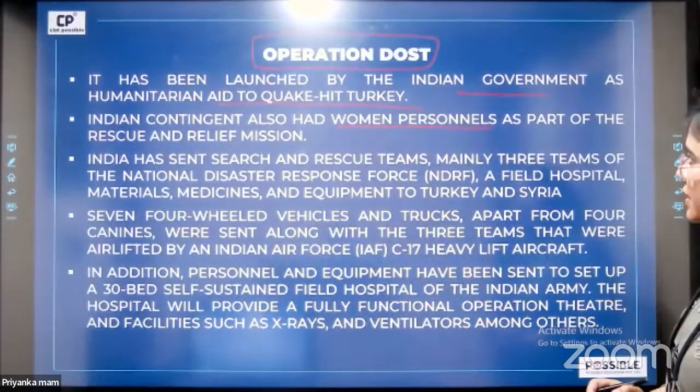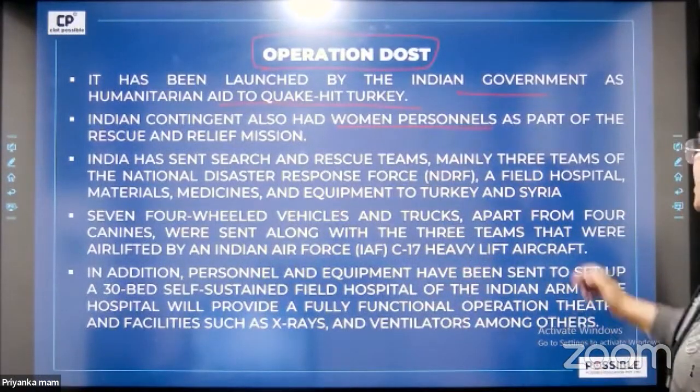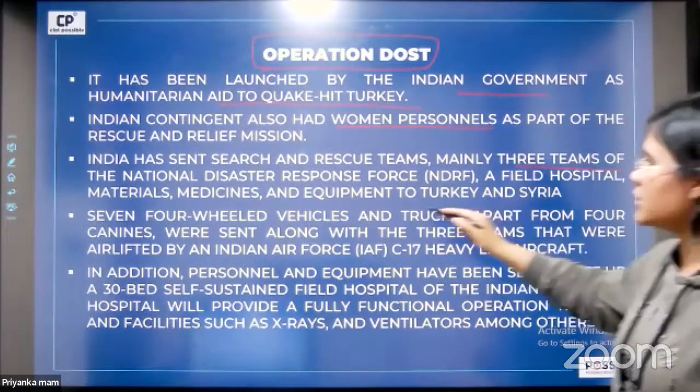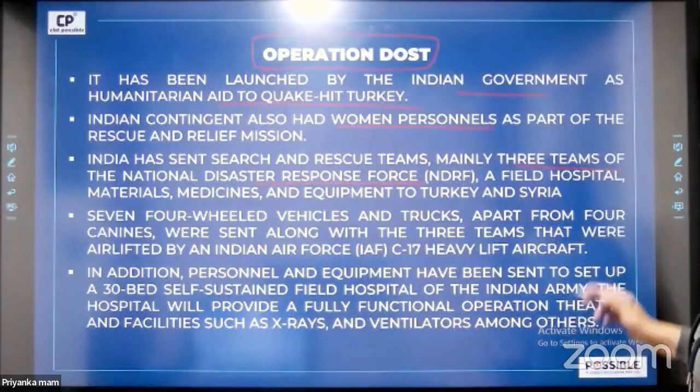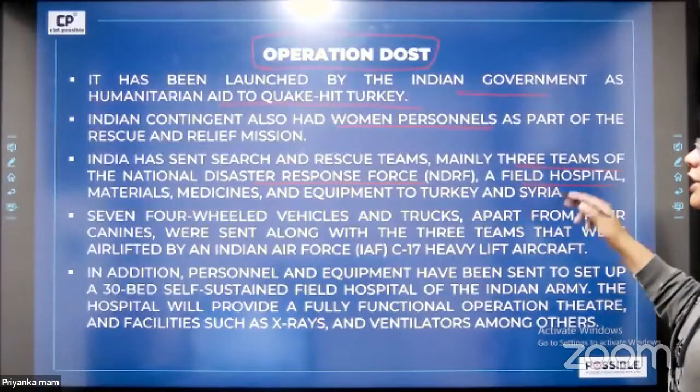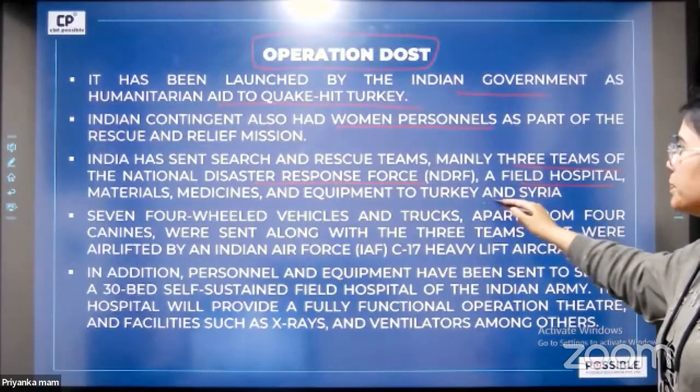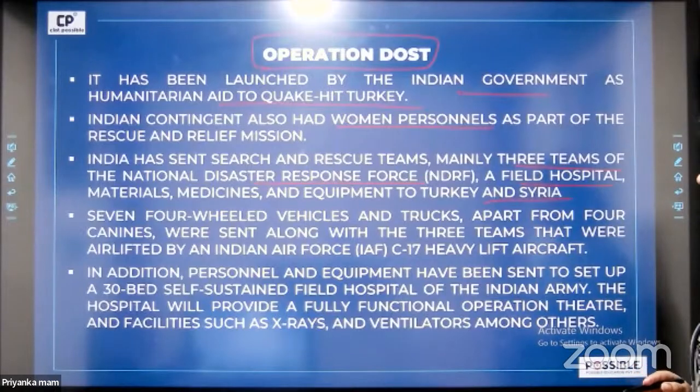It has sent search and rescue teams, mainly 3 teams of the National Disaster Response Force, NDRF. And we've sent a field hospital and materials, medicines and equipment to Turkey as well as Syria.